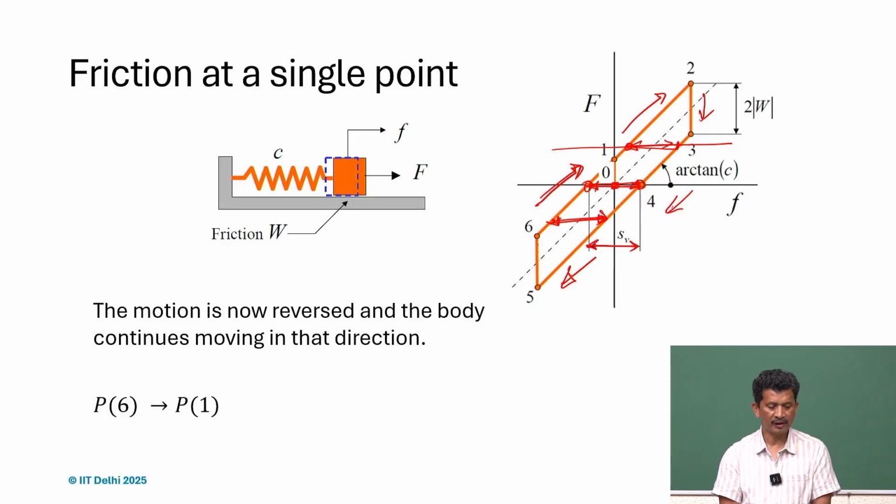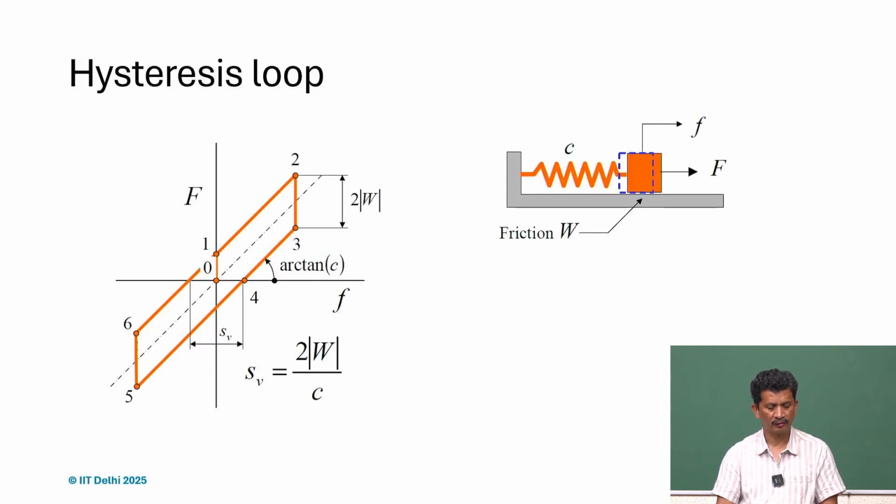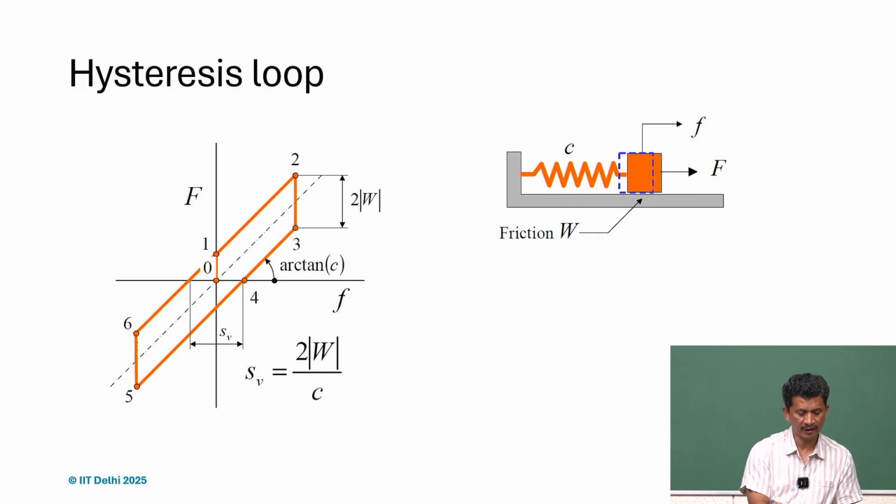So although what we see here is there is no gap, there is no clearance in this case, we still find that there is uncertainty.